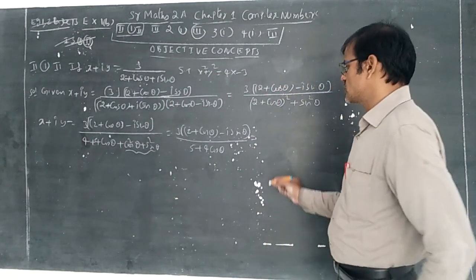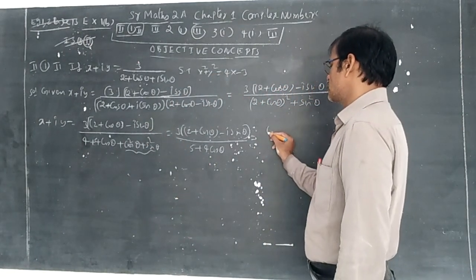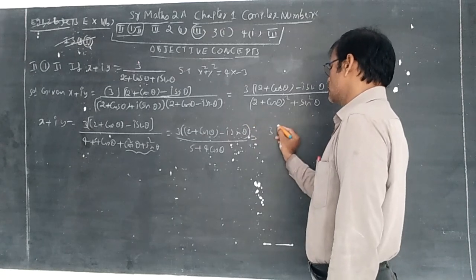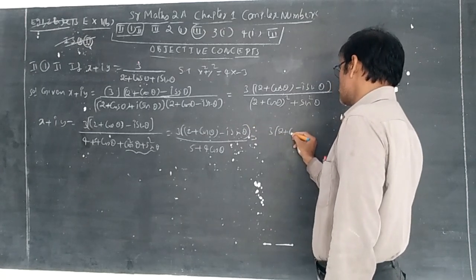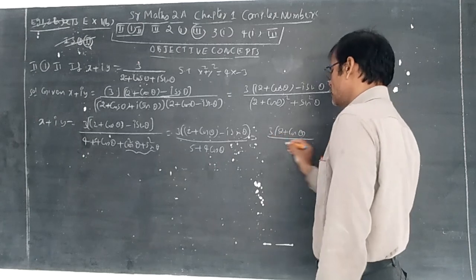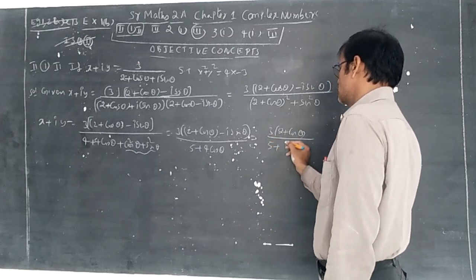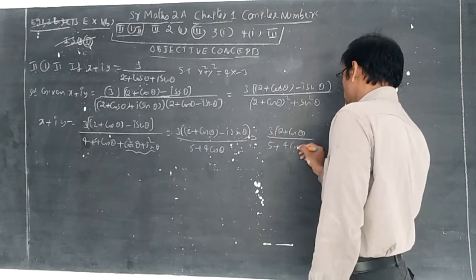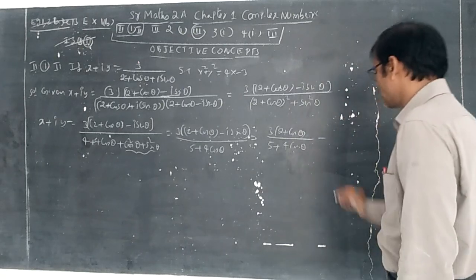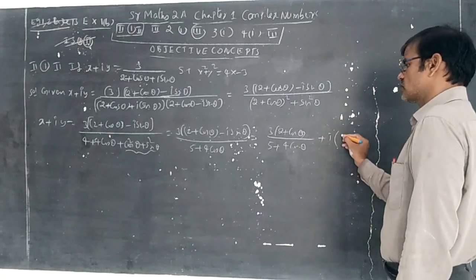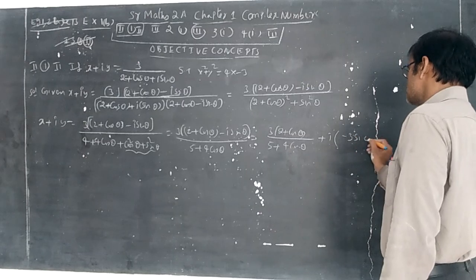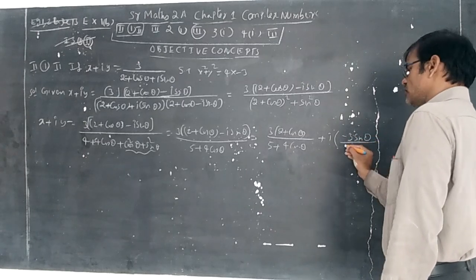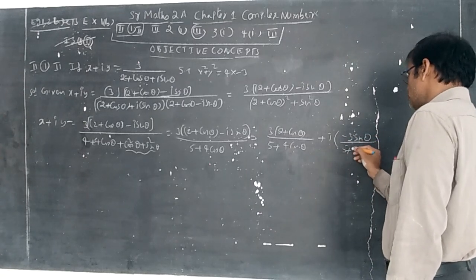Now we can write real part and imaginary part separately. 3 into (2 plus cos theta) by (5 plus 4 cos theta), plus i into, this is real part, minus 3 sin theta by (5 plus 4 cos theta).